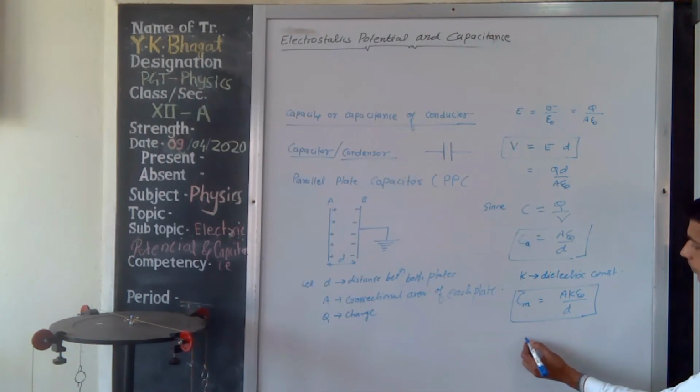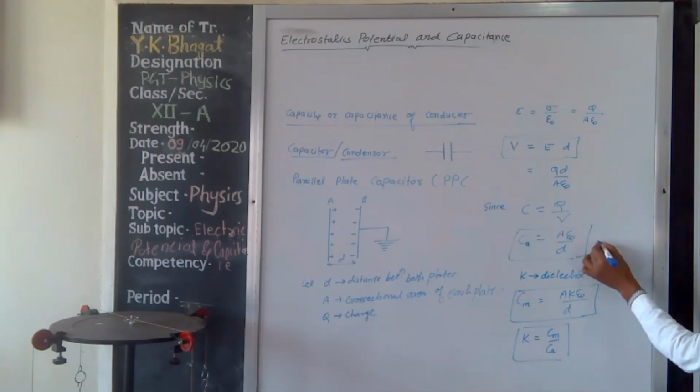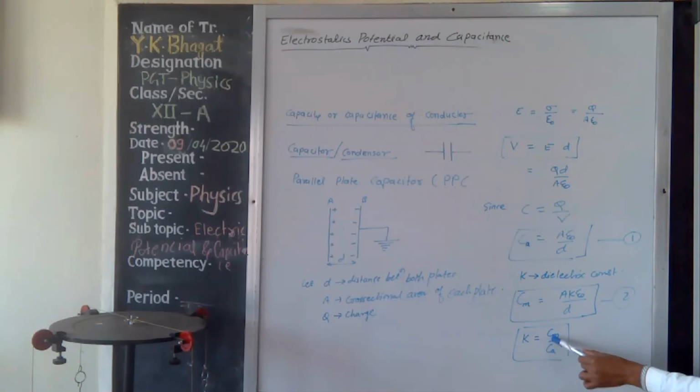That means K will be Cm upon Ca. Suppose these are equation 1 and 2. By comparing equations 1 and 2 we get that K equal to Cm by Ca. That means dielectric constant can also be defined as the ratio of capacity in the medium to the capacity in air.